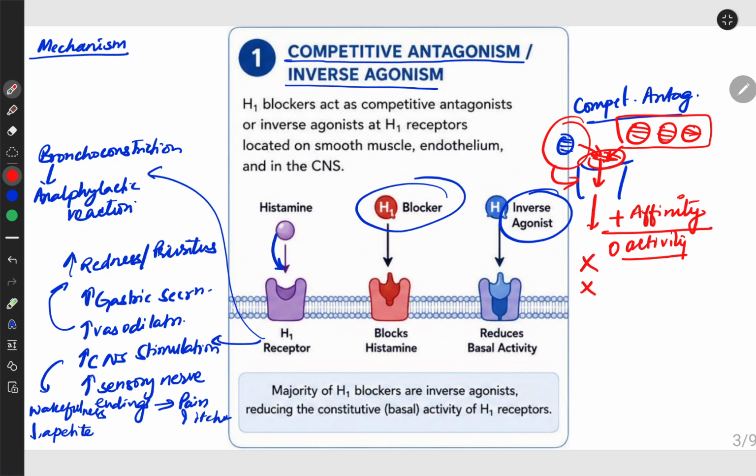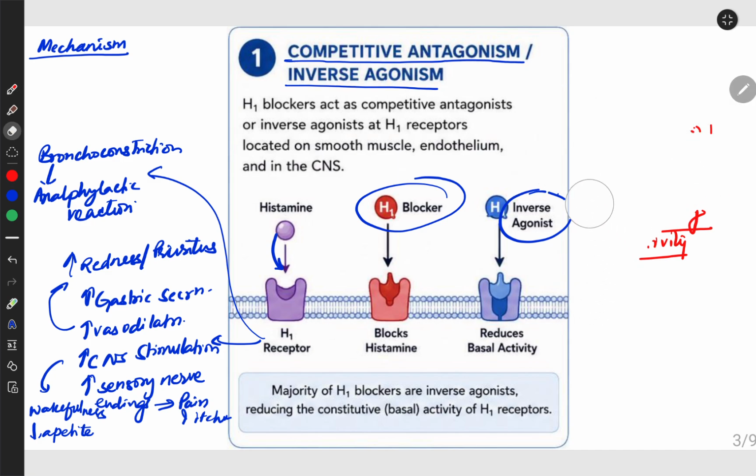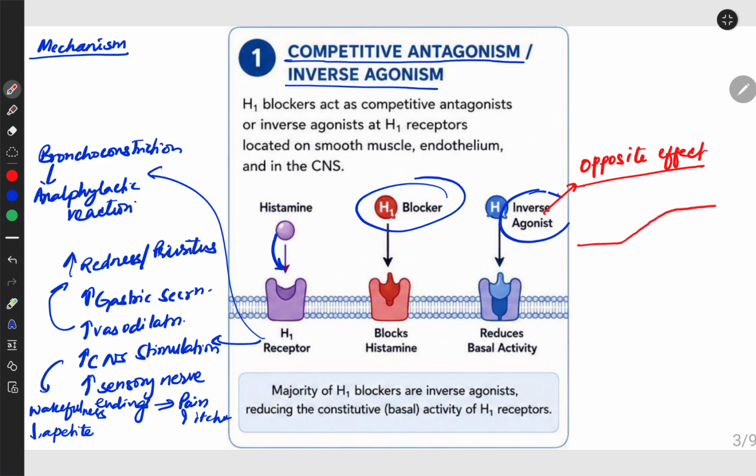On the contrary, if you look at the inverse agonist, you will find that an inverse agonist produces the opposite effect. So all autacoids have a baseline level in your body that increases with allergy, inflammation, or any traumatic condition. When you take an antagonist, it will bring it back to the baseline level.